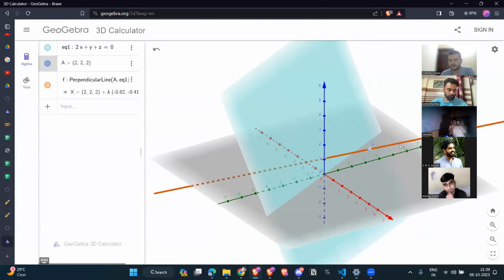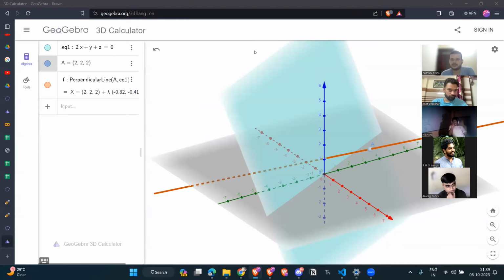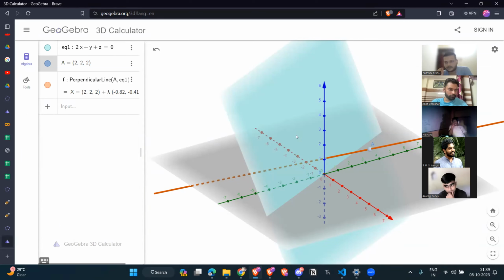That's where the person would buy their house to be closest to the school. If anyone has doubts, unmute yourself and ask.